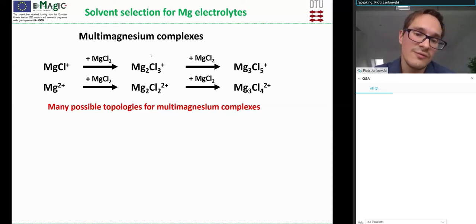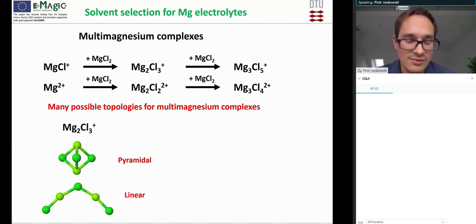So, for example, if we look at this Mg2Cl3, we have two possibilities. One is the pyramidal, where you have 2 magnesium here and here, and 3 chlorines that are shared between these magnesium. And also it can be a linear one, with 1 chlorine that is shared between 2 magnesium and 2 chlorines that are just separated onto 1 magnesium each.